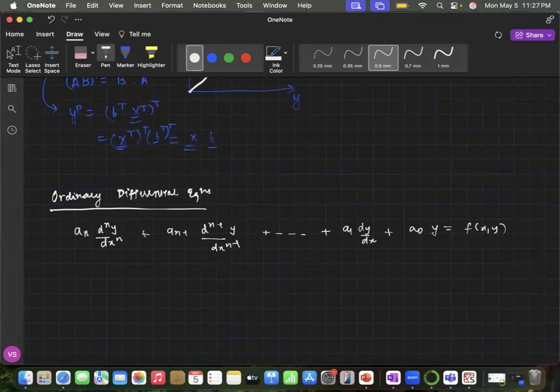And by the way, all of these coefficients, a_n, a_(n-1) and so on, can also be functions of x and y, right?